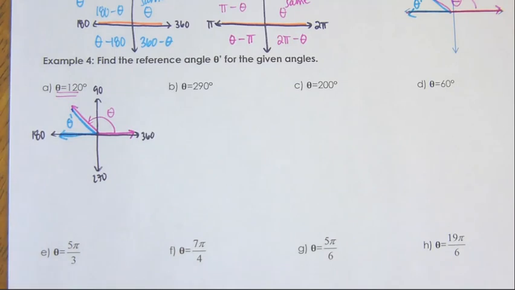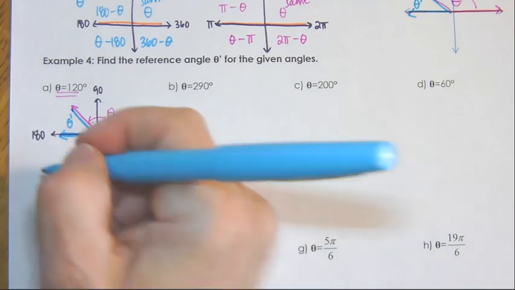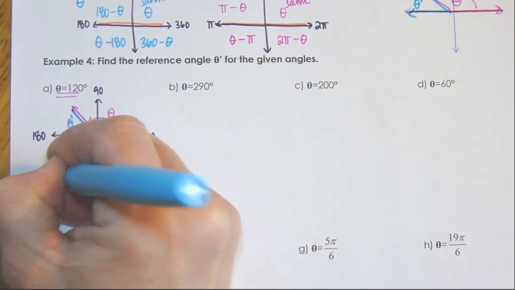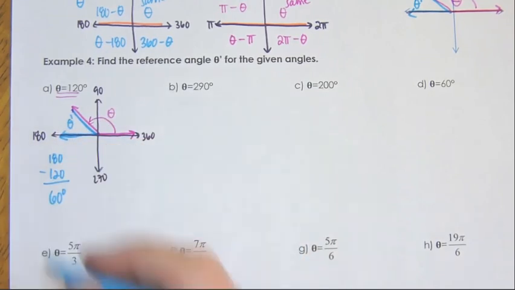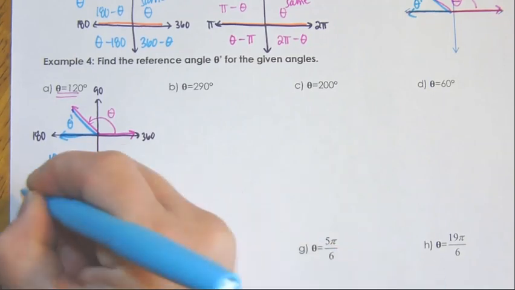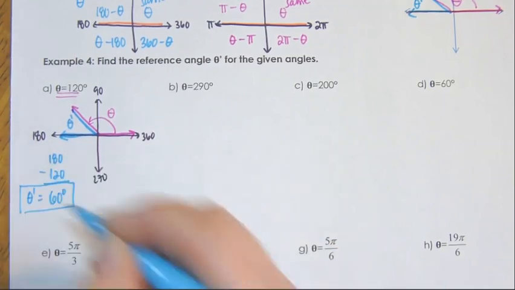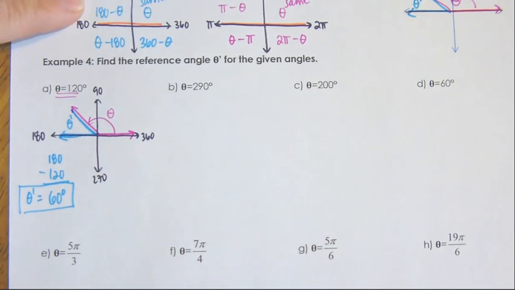So in order to find the reference angle, I'm going to have to do 180 degrees minus 120 degrees. That tells me that the reference angle is 60 degrees. Do you see how I did 180 minus theta, just like I showed there? Let's try the next one.